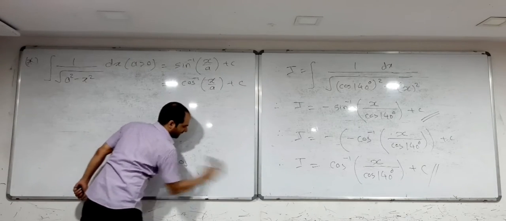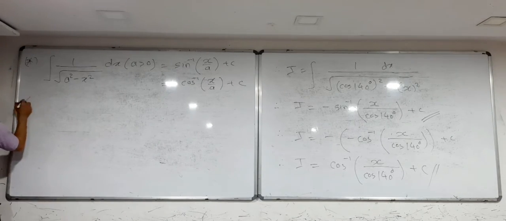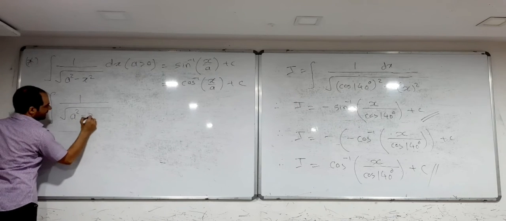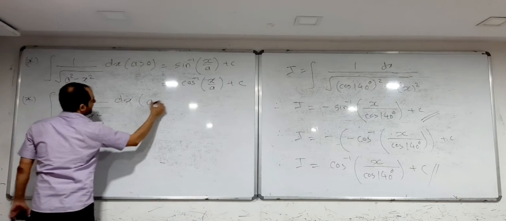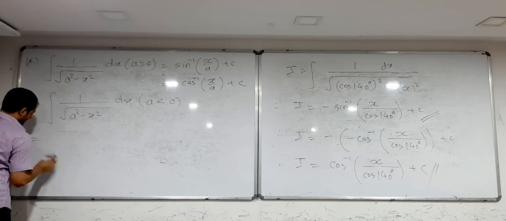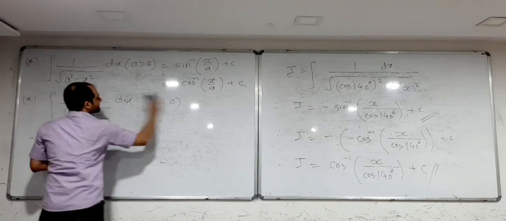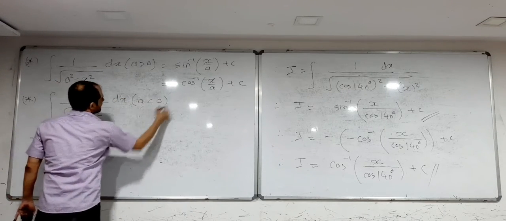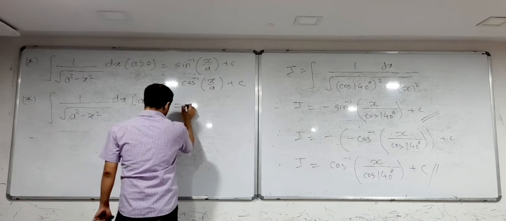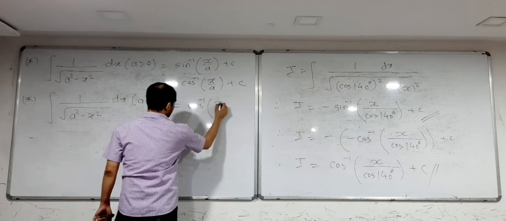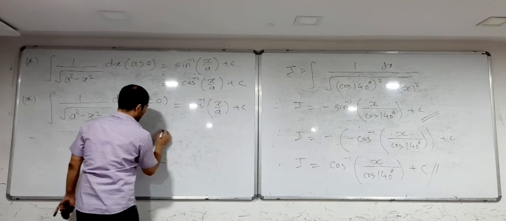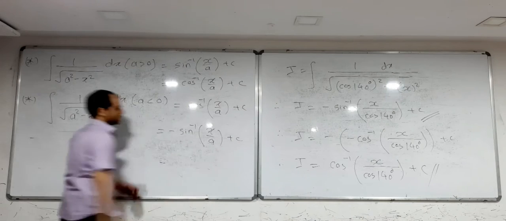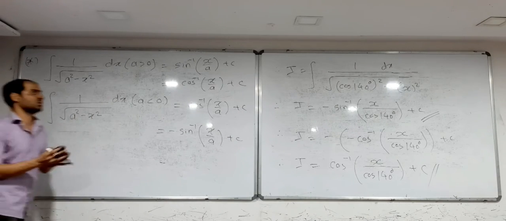And similarly, remember that when a is less than 0, the integration of 1 upon square root of a square minus x square dx, the answer will be cos inverse of x by a plus c, or you can also write minus sin inverse x by a plus c.